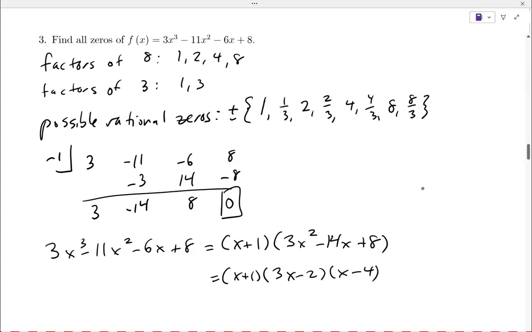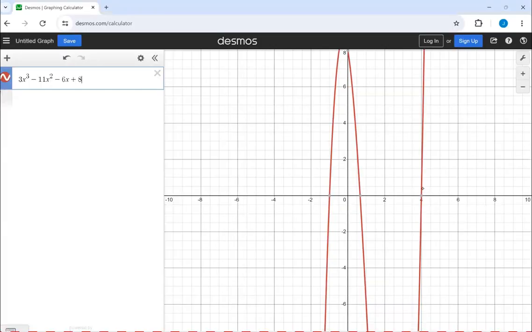This one does factor. How did I know that it factors as 3x minus 2 times x minus 4? Well, on the graph, what did we find for zeros when we looked at the graph a minute ago? Flip back over to the graph. What did we find for zeros? Yeah, 2 over 3 and positive 4, right? If 4 is a 0, what has to be a factor?